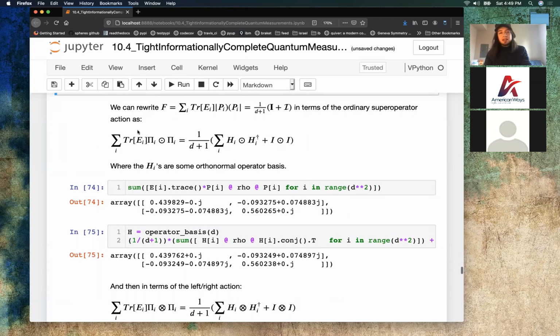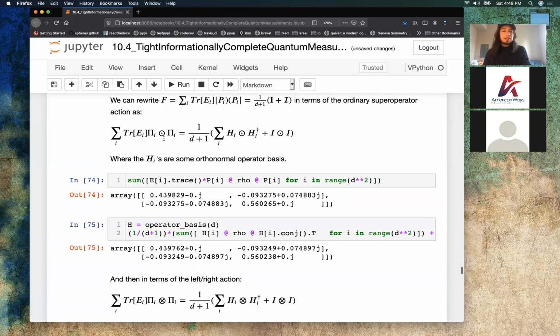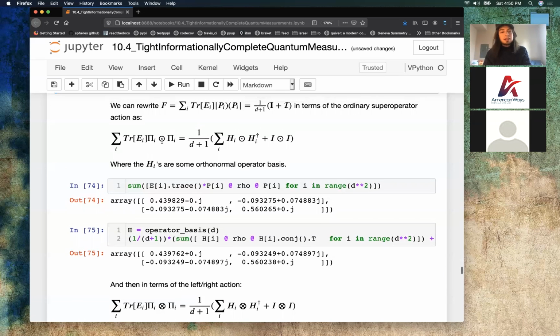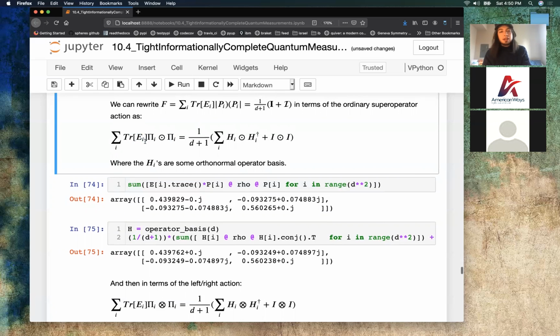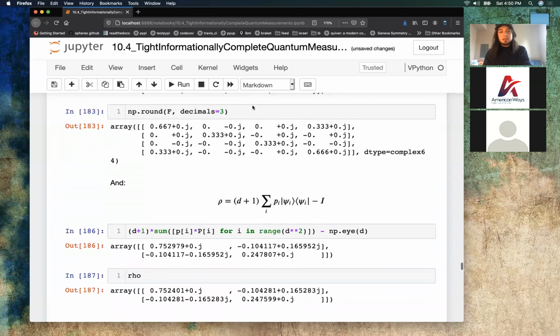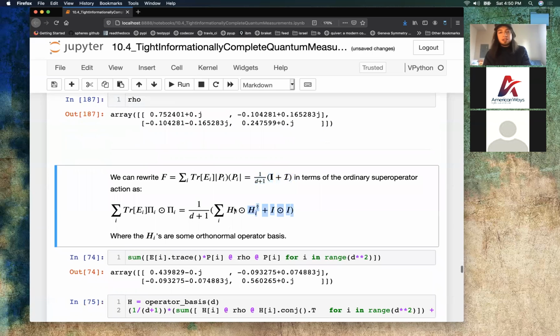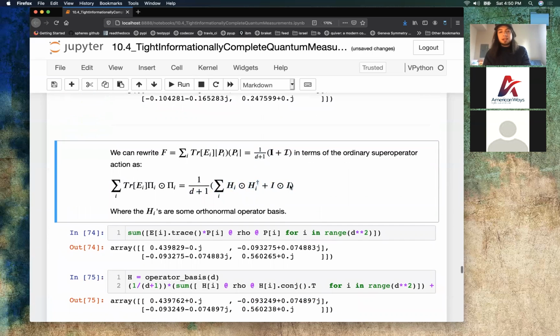And we can write it in terms of the ordinary action now, where remember, we stick some matrix we're going to act on in this little dot. It'll turn out that these are the POVM normalized elements of projectors, and here's the weight. Because we had this, which is just this, we can rewrite it as just this, where this is just some orthonormal operator basis, and it's just like the identity.